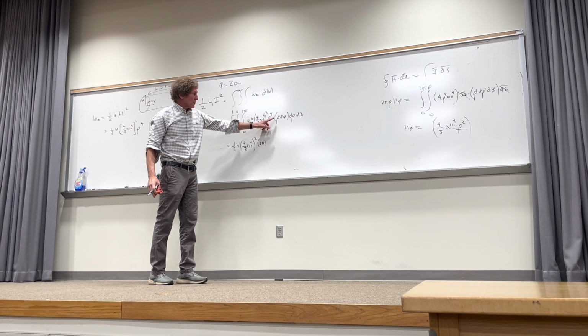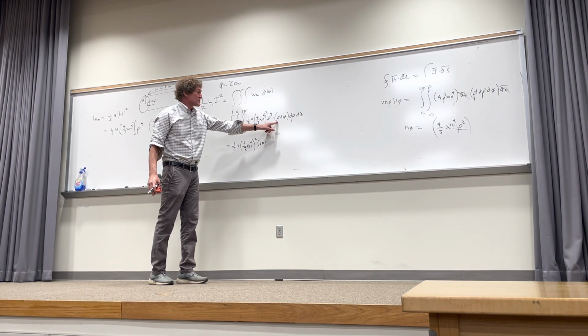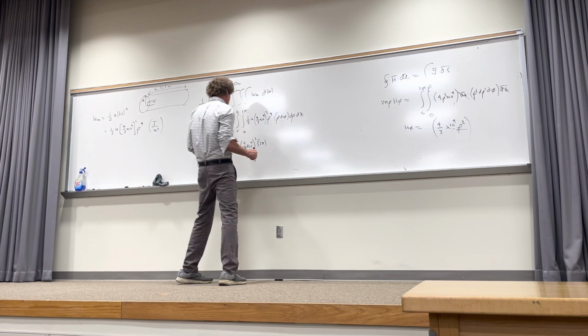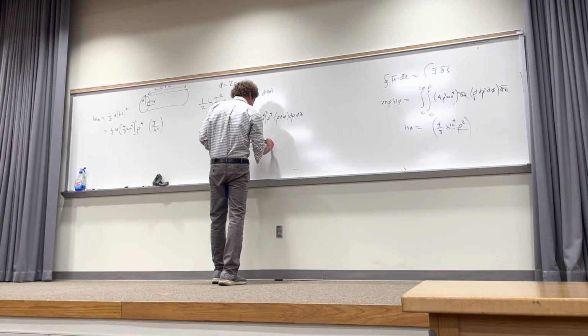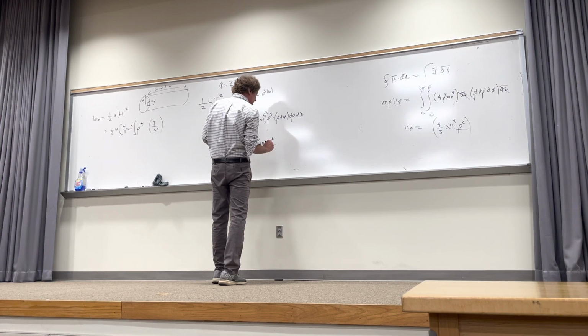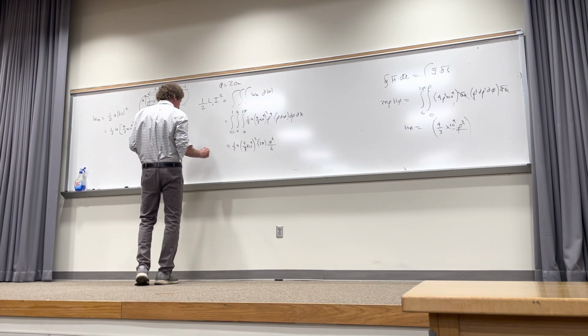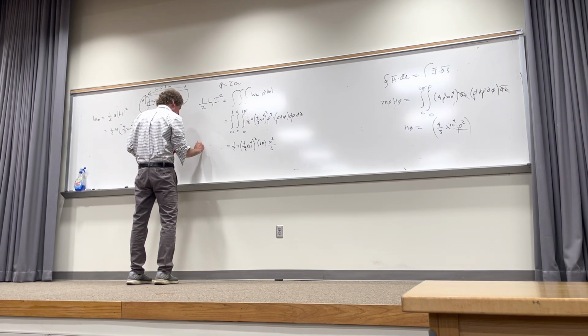I got rho to the 4th and rho here, which means rho to the 5th, right? Rho to the 5th integrated is going to be rho to the 6th over 6, correct? Everyone? Evaluated from 0 to a, so I have a to the 6th over 6. And then the dz integral goes away. So that has to be equal to 1/2 L I squared.